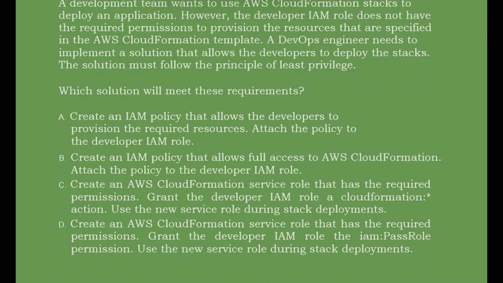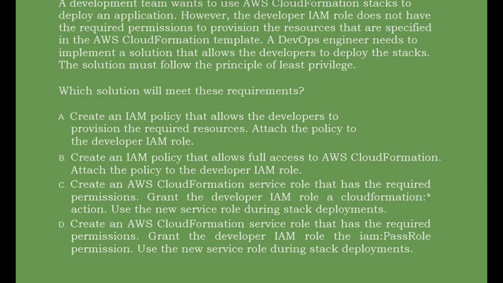Option A, create an IAM policy that allows the developers to provision the required resources. Attach the policy to the developer IAM role. Option B, create an IAM policy that allows full access to AWS CloudFormation. Attach the policy to the developer IAM role. Option C, create an AWS CloudFormation service role that has the required permissions.